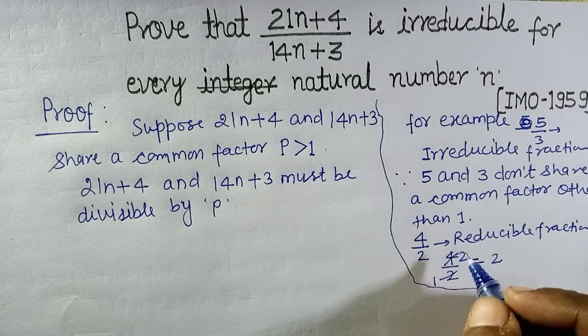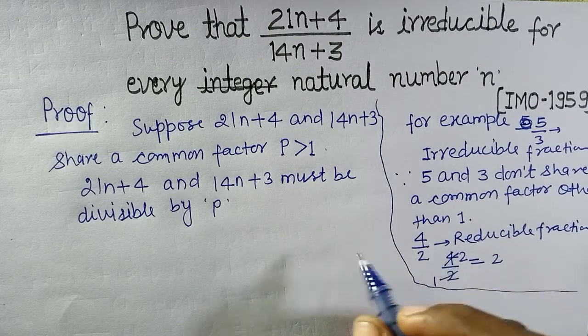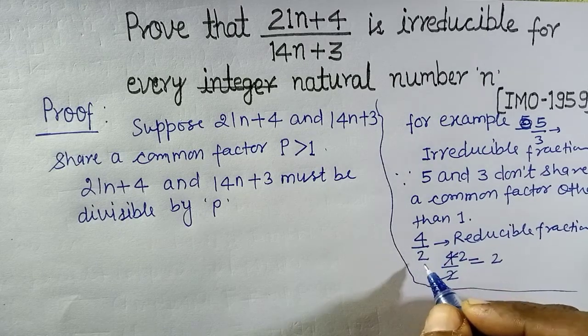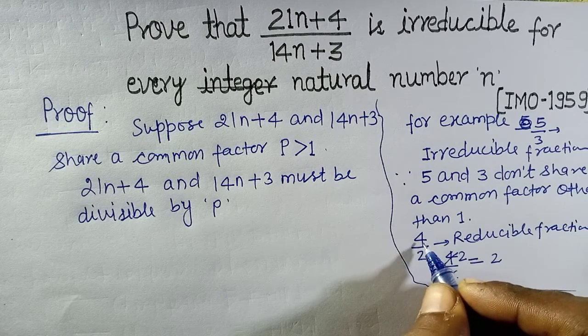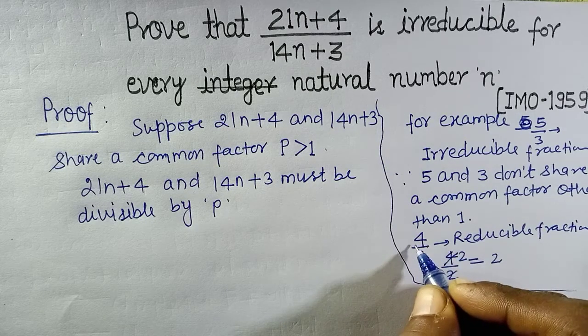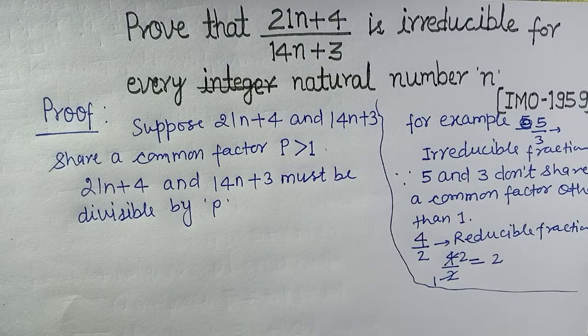We have shown in the example that 4 over 2 is reducible, since 4 and 2 share a common factor 2, so 4 must be divisible by 2 and 2 must be divisible by 2.